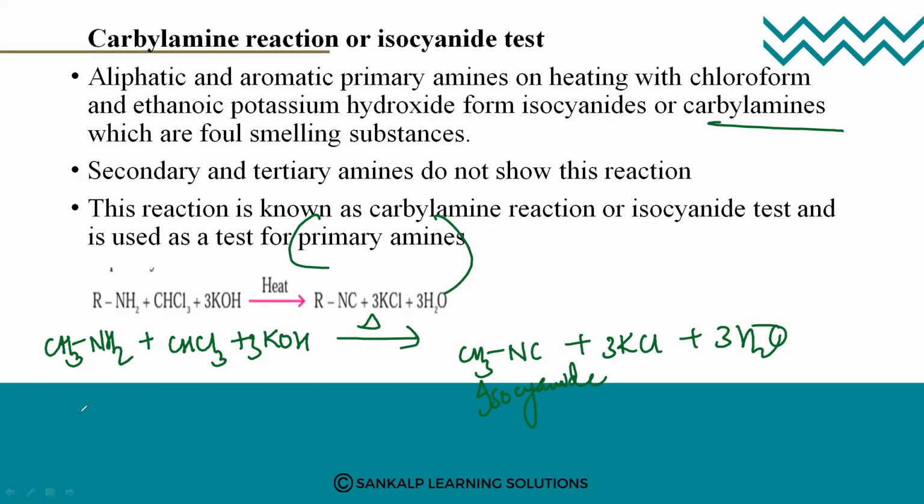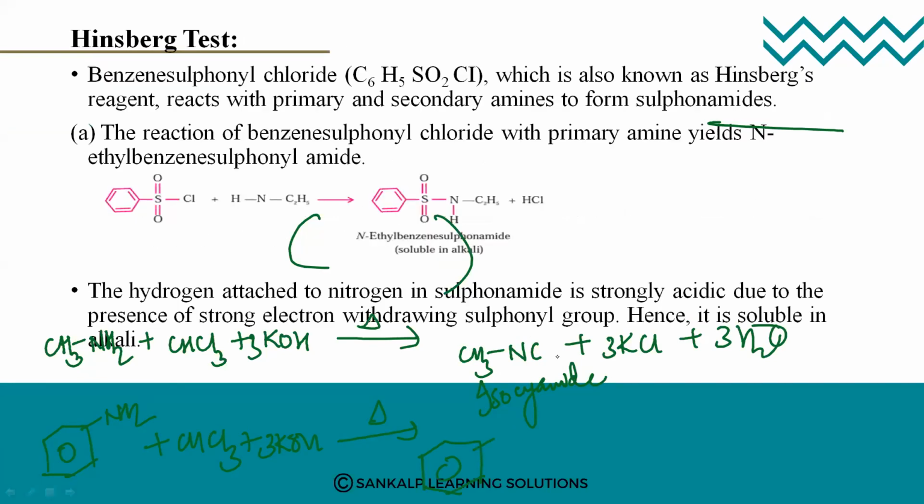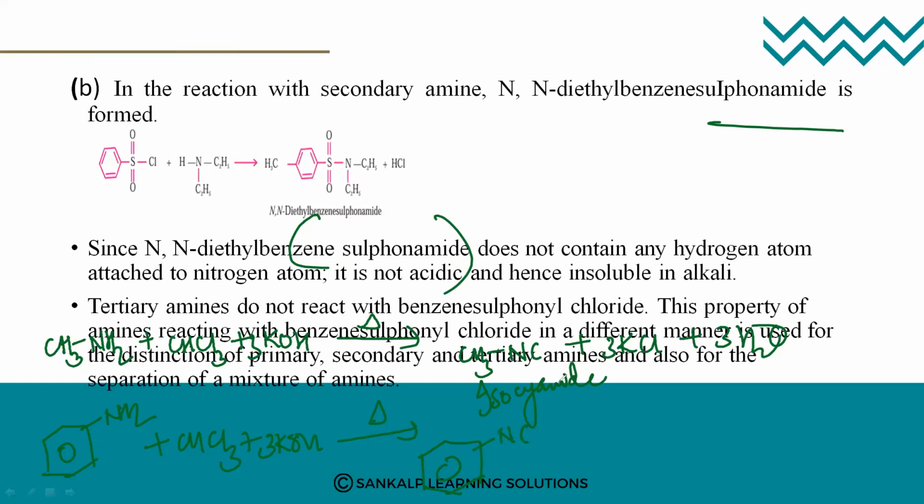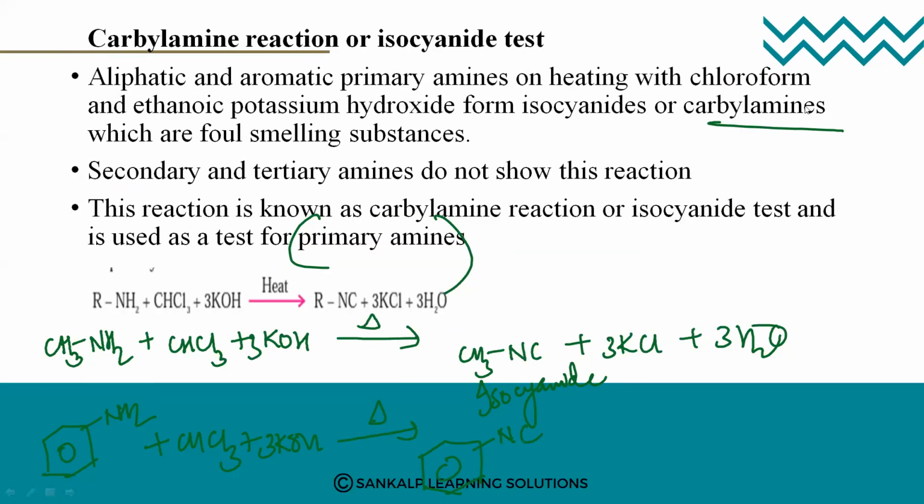Then next, if I take an aromatic amine plus CHCl3 plus 3 KOH, and heat it, you obtain the NC compound like this, plus the byproducts, that is 3 KCl plus 3 water.